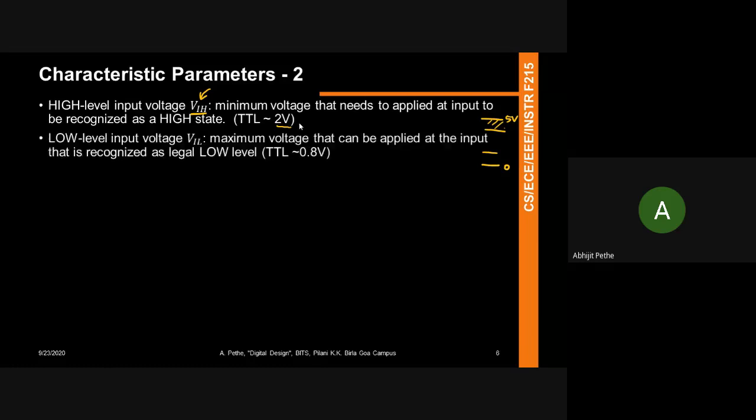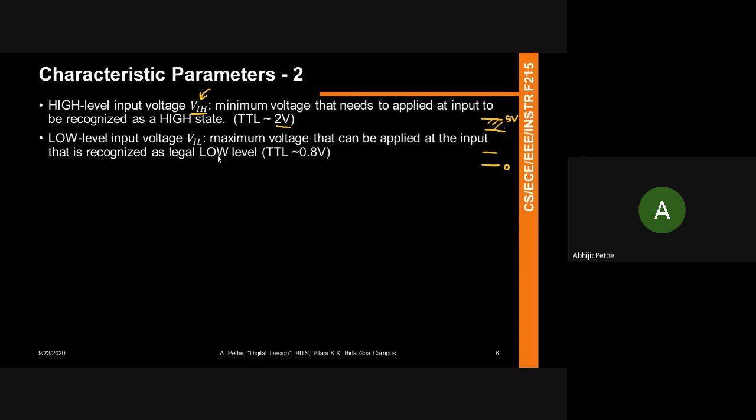On the other hand, the minimum value of the input voltage for low would be 0. But there is a certain value up to which I will still call it a 0, and that is denoted by VIL. Again, this is at the input side of the gate. VIL denotes the maximum voltage I can apply at the node that can still be treated as a legal low level.